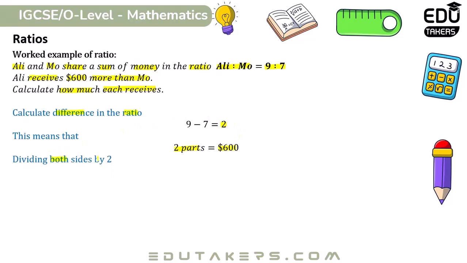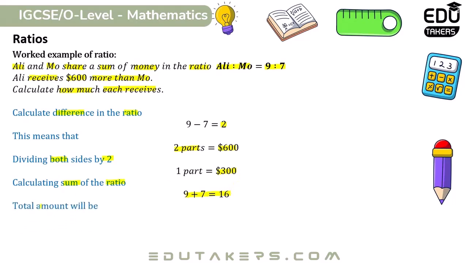Now divide both sides by 2. So one part will be equal to $300. Now calculate the sum of the ratio. 9 plus 7 equals 16. Total amount will be 16 times $300 equals $4,800.